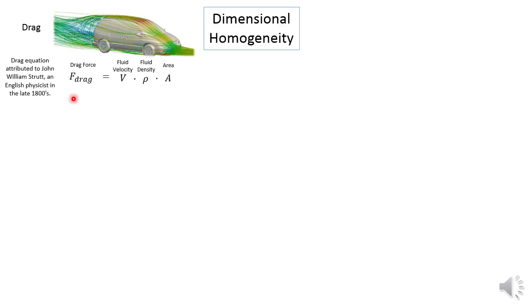And then finally, he says it's also a function of the cross-sectional area, because when he moves his hand in water with a finger instead of his whole hand, he feels less drag force. So the more area you have, the greater the drag force. So this is his equation, his first stab at it. In order to verify this equation, he performed a dimensional analysis, removing everything except for the dimensions.